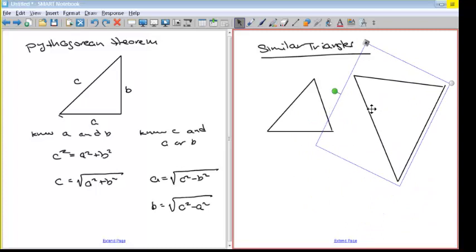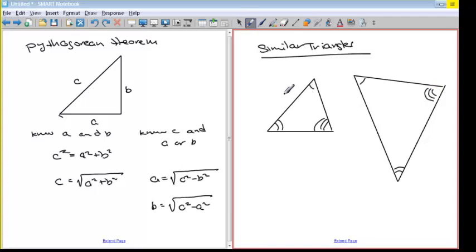Okay, so I would tell you these two are similar triangles, and I'd have to tell you which angles are the corresponding ones, though you might be able to just figure it out. In this case, you can see those are the corresponding angles.